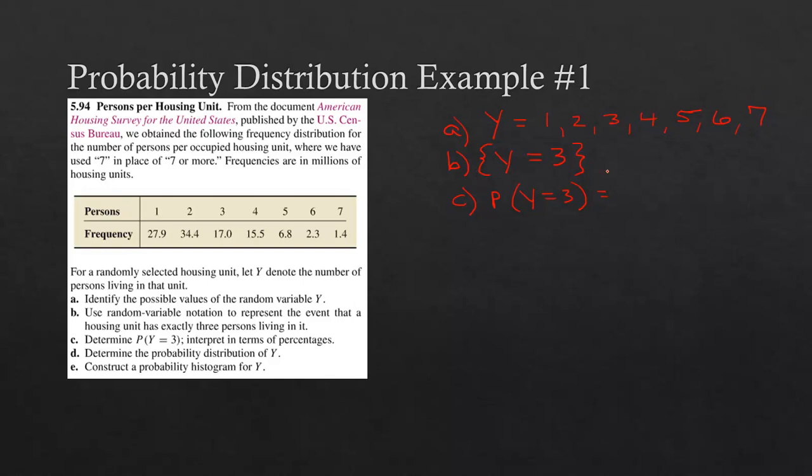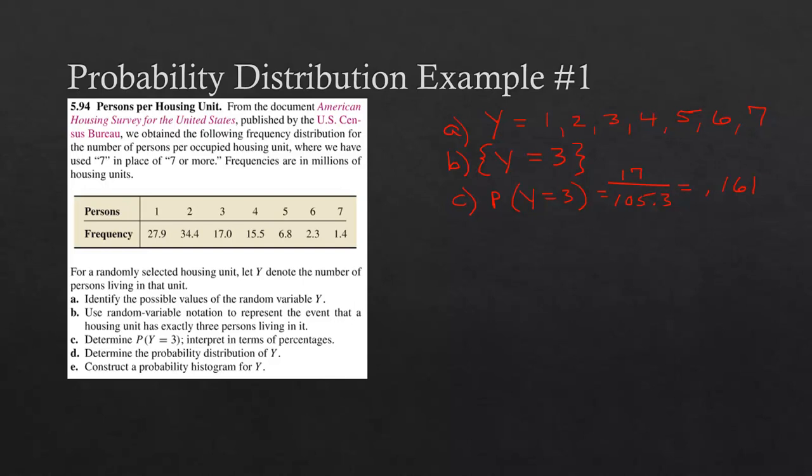So what we have to do is divide 17 by the total of all these frequencies, which would be 105.3 if you add all those up. So partial over total. That's what probability is. That's what relative frequency is. And so that gives you 0.161.